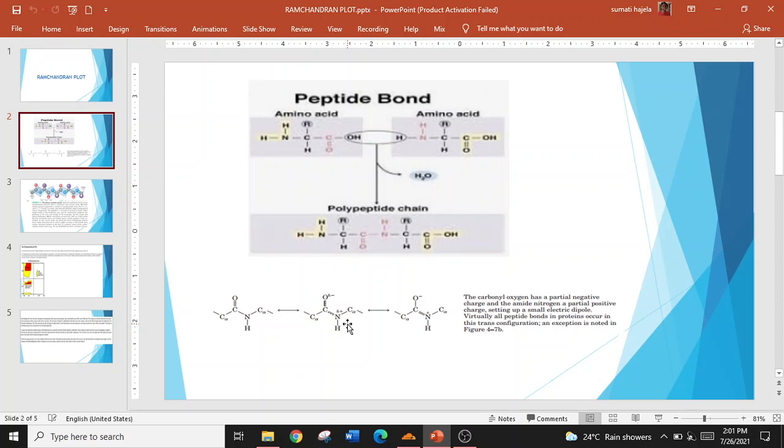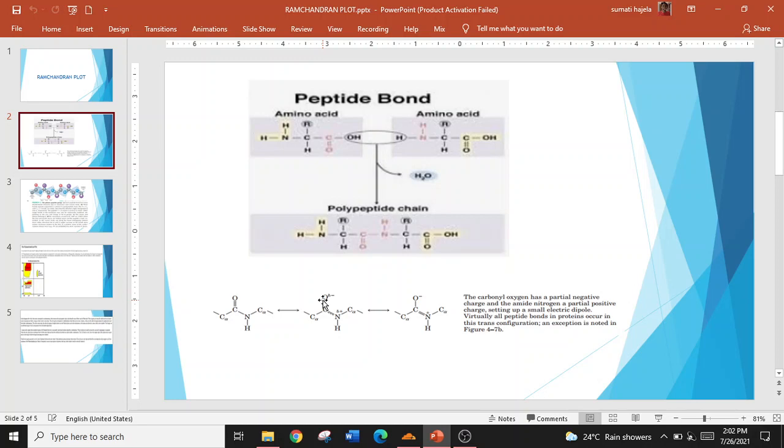The oxygen has a partial negative and the nitrogen has a partial positive charge, setting up a small electric dipole. So when this kind of charges are distributed and present a little far away from one another, they form an electric dipole.